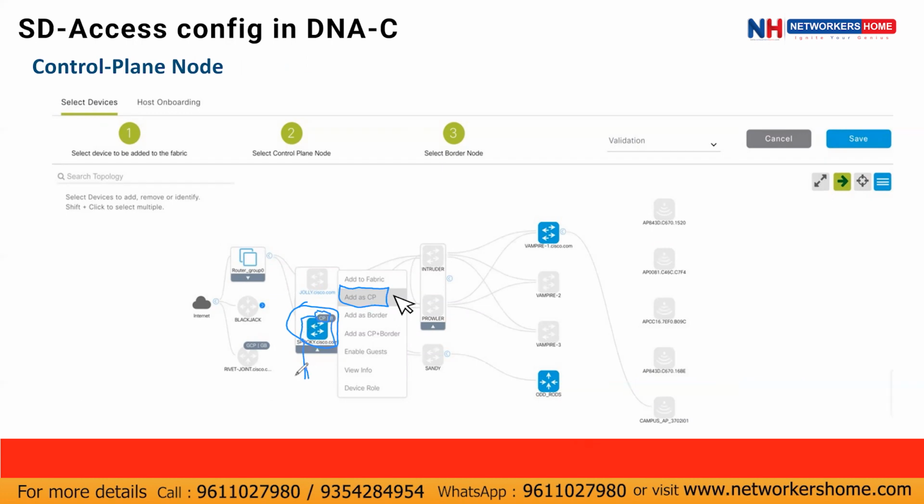Whenever it is blue, it means it is part of the fabric, and whenever it is gray, it's connected but not yet assigned a role.